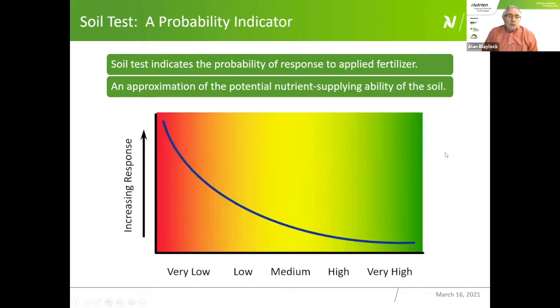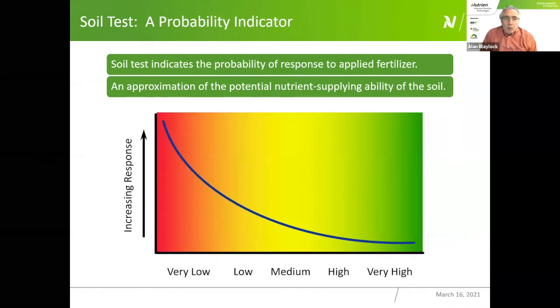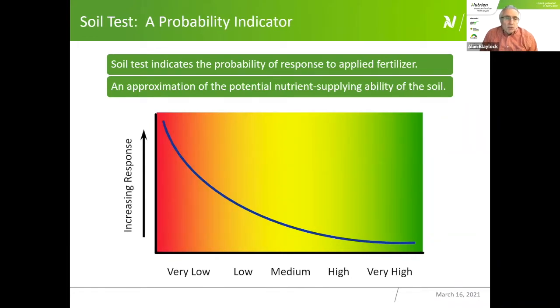I like to use this graphic, pretty simple concept. At very low soil tests, we have a high probability of getting a response, and we usually expect those responses to added fertilizer to be larger. It doesn't mean we'll always get a response because there may be other limiting factors.